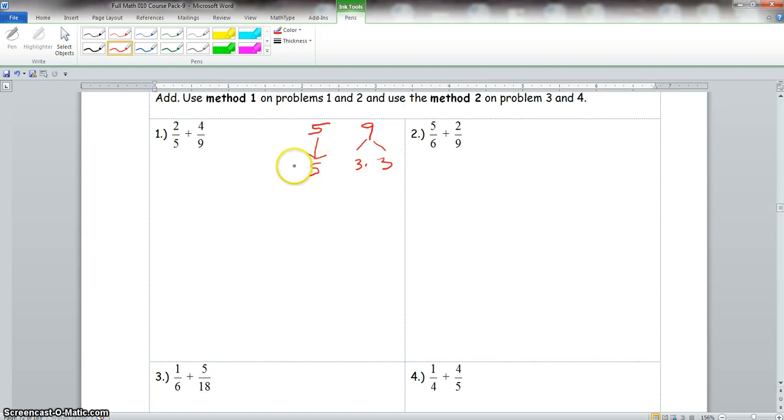Now, the first thing we try and see is if there's anything that matches up between these two factors. Nothing matches up. So we write every last factor down in numerical order, from the smallest to the largest. So it'll be 3 times 3 times 5, which is 45. So now our common denominator here is 45.